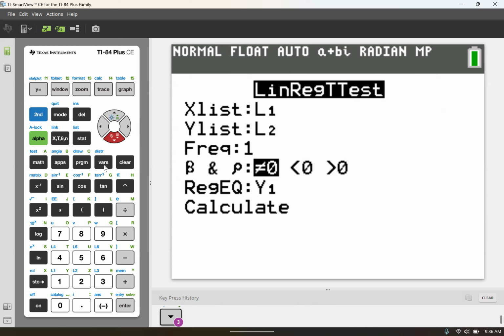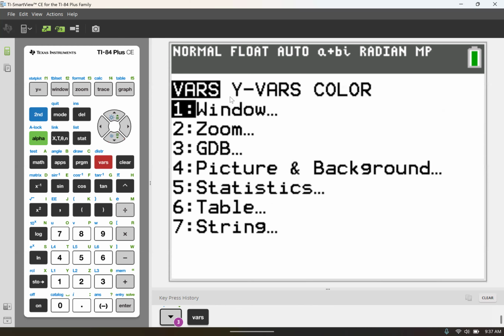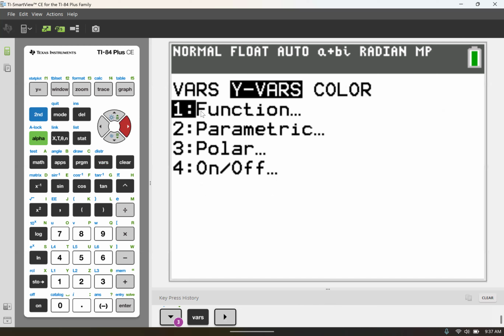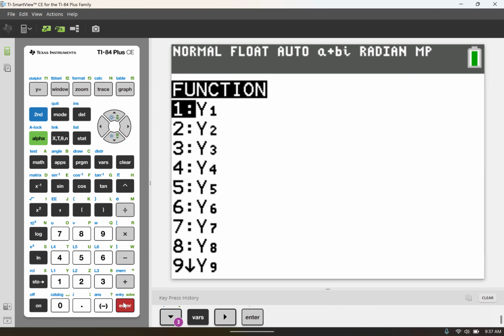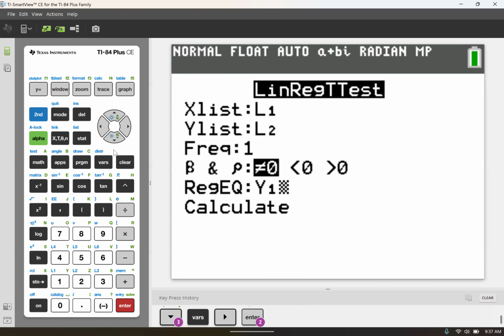You go to your variables menu, which is just to the left of clear. You go to the right to your Y variables, number 1 function, and then pick where you want to put it. I put it in Y1. Okay, and we are ready to calculate.